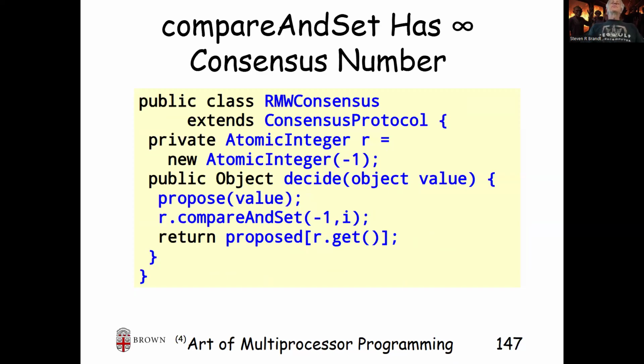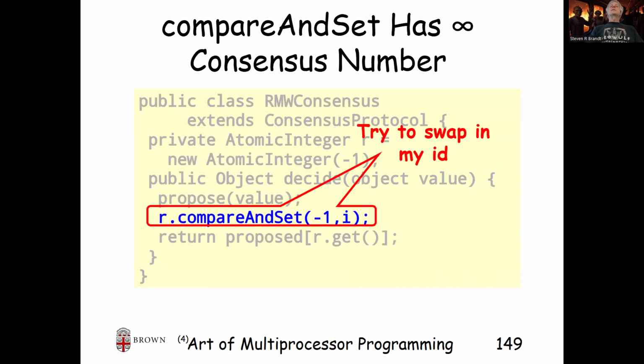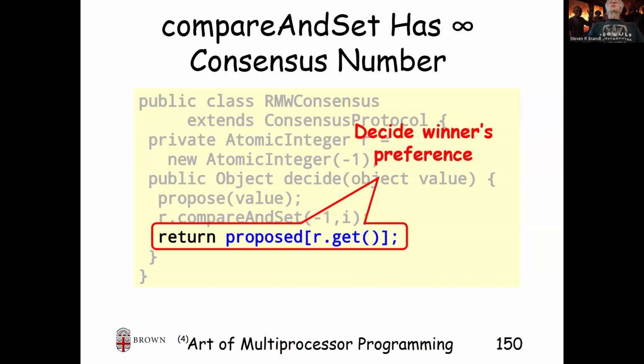So think about this, right? We have an atomic register, and we initialize it to -1. And now we do a compare and set from -1 to our thread ID. And now we return the value in the proposed array. That's it.